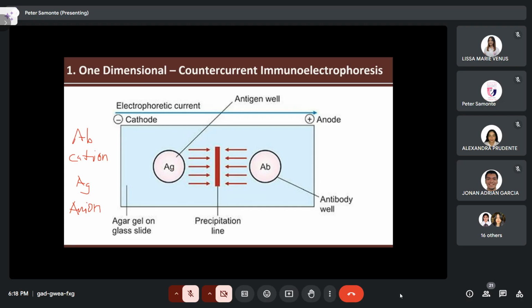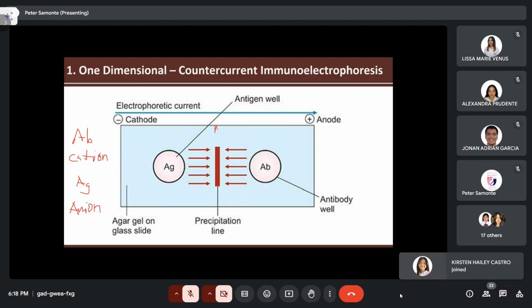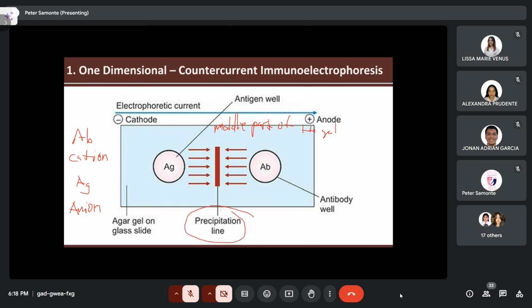Now, what happens here is that by running the electrophoresis, both the antigen and the antibody would get attracted towards the middle part of the gel. Sa gitna sila magmi-meet, forming a precipitation line at the middle. So that's your one-dimensional countercurrent immunoelectrophoresis.